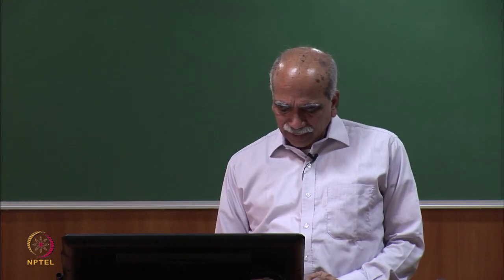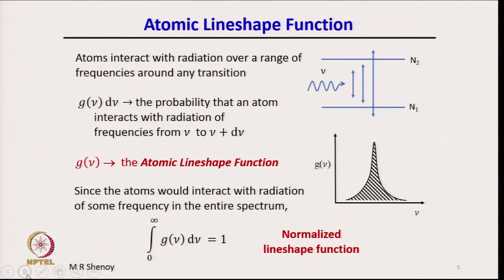So, let me go to the next slide. The atomic line shape function: again I am repeating the point that atoms interact with radiation over a range of frequencies around any transition. g nu d nu represents the probability that an atom interacts with radiation of frequencies from nu to nu plus d nu, and such a function g nu is called the atomic line shape function.